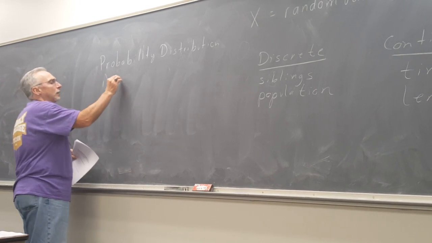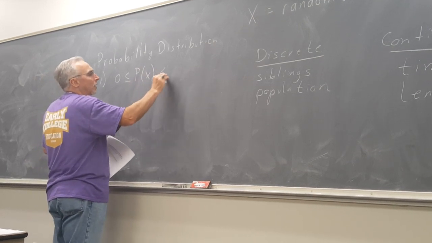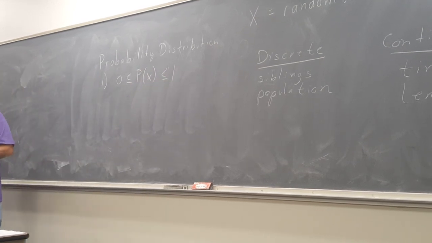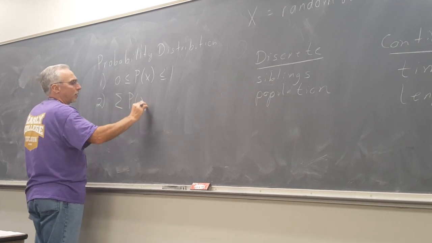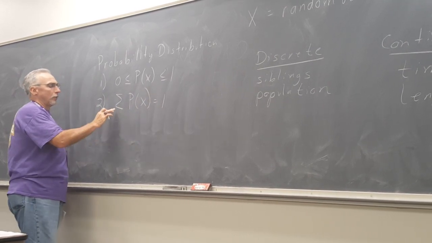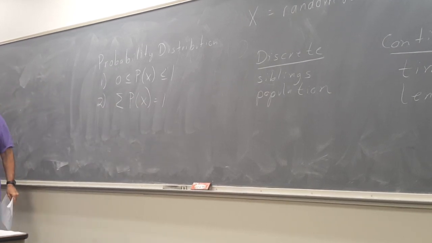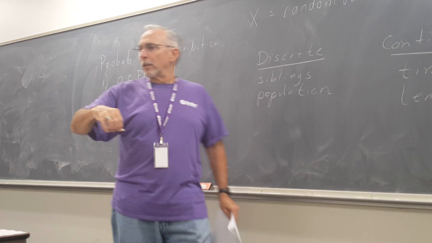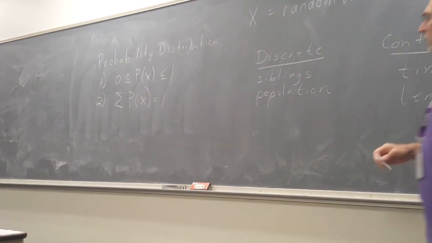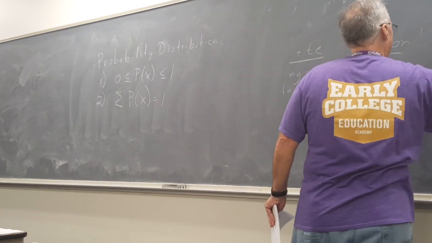The first one is your probability for any of the outcomes has to be between 0 and 1. Just remember that. And second, make sure it's the sum of the probabilities equals 1. So this just says if I take the sum of all the different possible outcomes, it has to equal 1 when I'm done. So this is very similar to what you did in the last chapter when you talked about probability models. Different terminology, same idea.